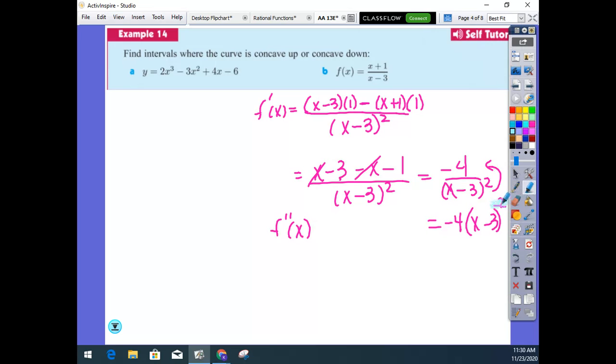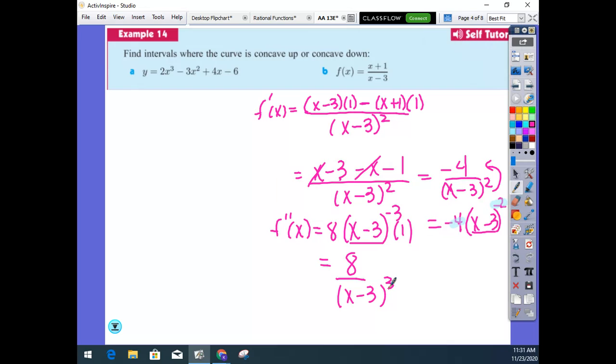So then I can just use my power rule for my second derivative. Now I'm taking this first derivative, taking the second derivative. Negative 2 times negative 4 is 8. x minus 3 to the negative third times the derivative of the inside, which is just 1. So a better way to write this is 8, and let's bring this back down to the bottom to the third.